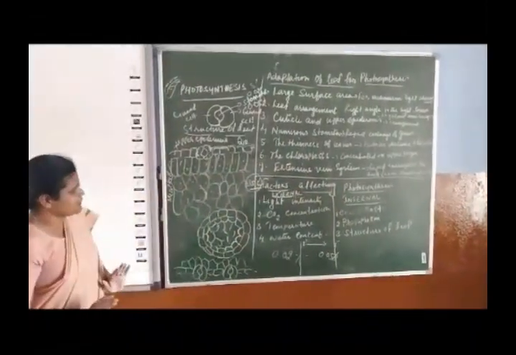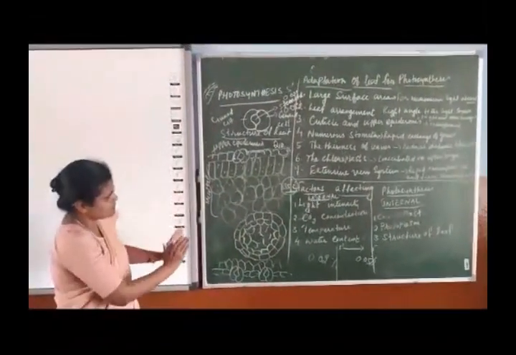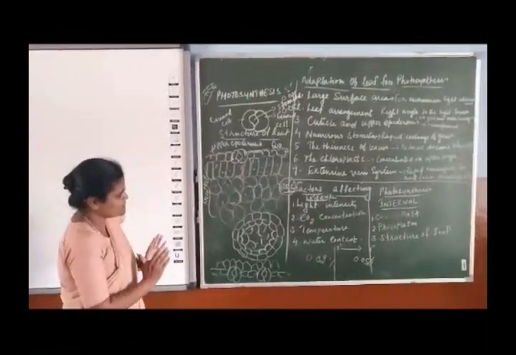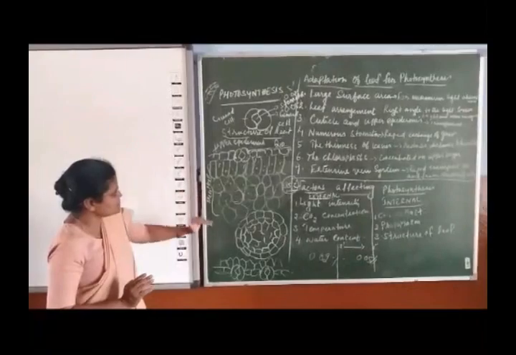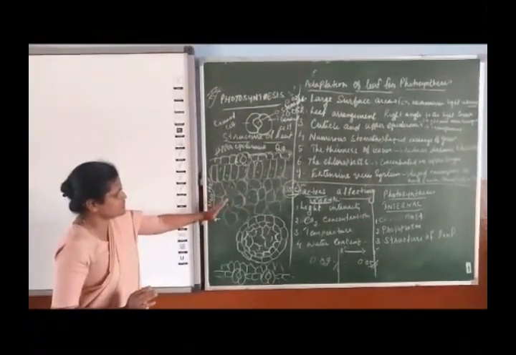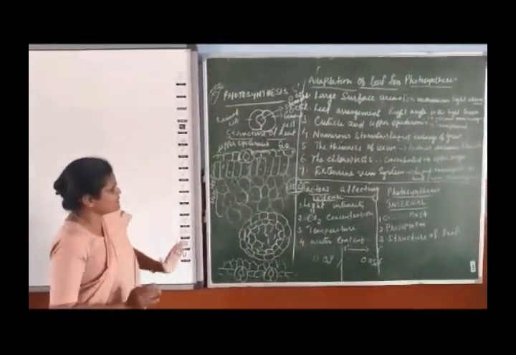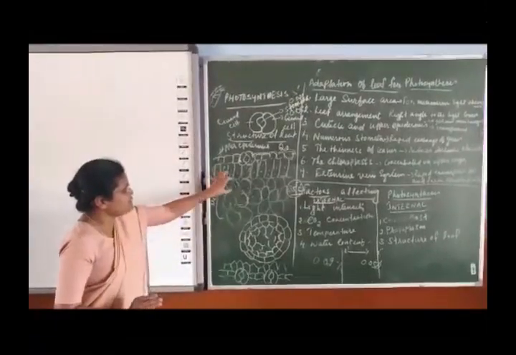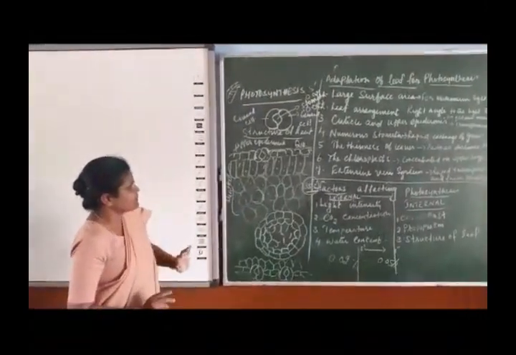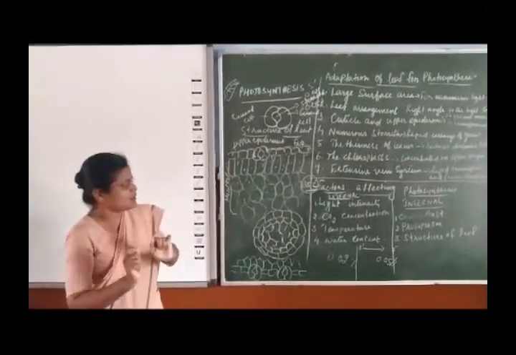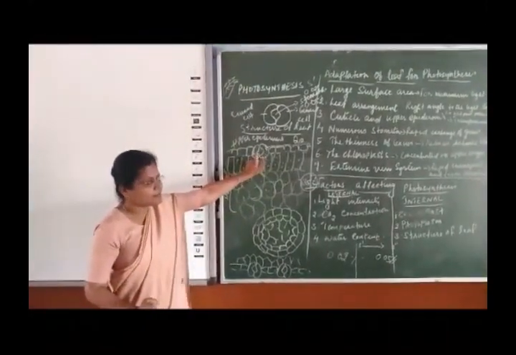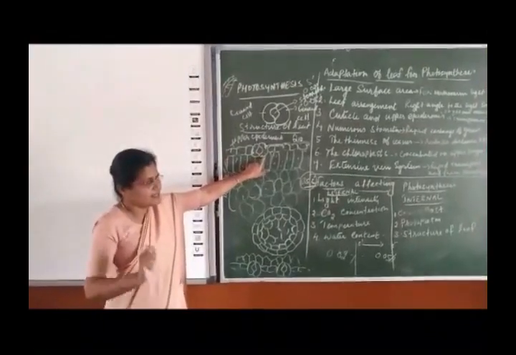So far, we learned about the structure of leaf, where exactly the chloroplast is present. I said the chloroplast is present in the mesophyll tissue, and the mesophyll tissues made up of palisade tissue and spongy parenchyma are collectively called the mesophyll cells, in which you have the chloroplast present. Besides that, the guard cell also has the chloroplast, so they also undergo photosynthesis.